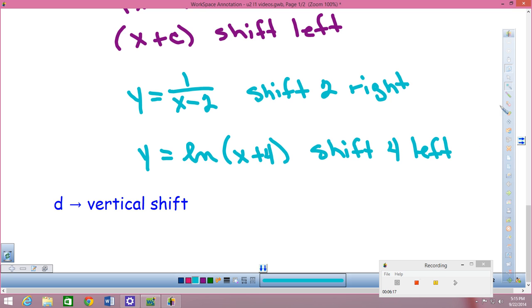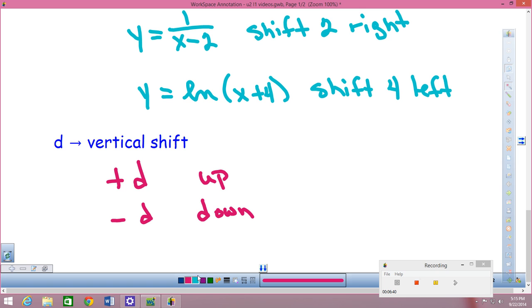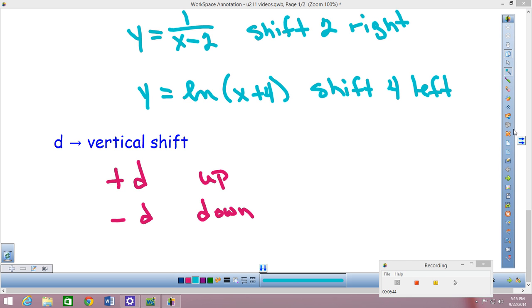Okay, last one. Last one is probably the easiest one for you guys. You've been doing the last one for a long time. D is the vertical shift. If that number at the end is positive, if you're adding a positive to the end, then it moves up. If it's minus a number at the end, then it moves down. Example, what's a function we haven't used?